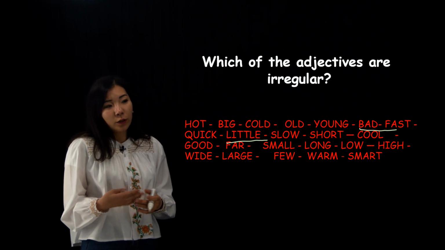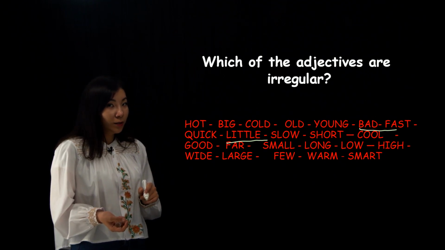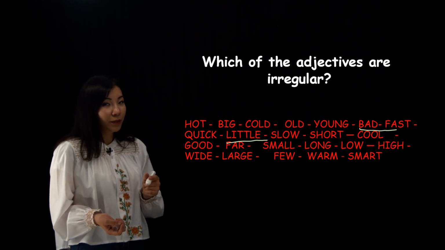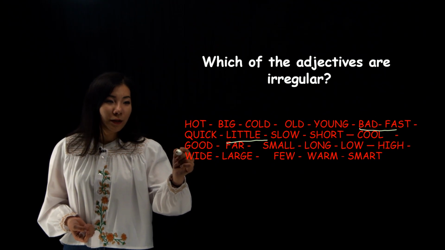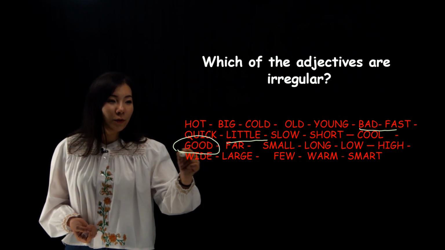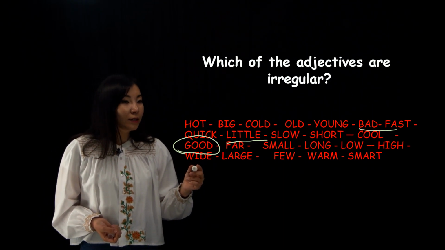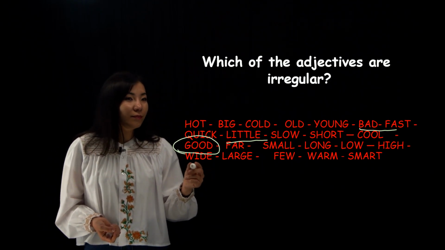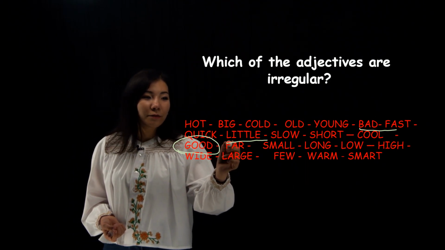Slow, slower, short, shorter, cool, cooler, good. Good becomes better and the best. So we know it, right? I think you know this one also. Far, again, far is not a regular one, it's an irregular one, right?